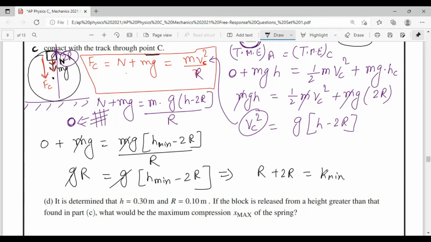Just a minute. We have made some mistake here. See, here this will be 2g, 2g into h minus 2r. That's correct.